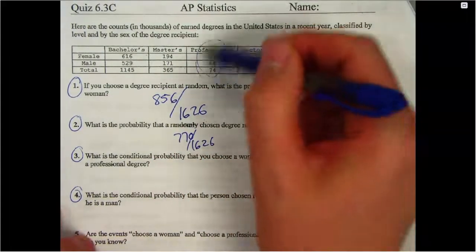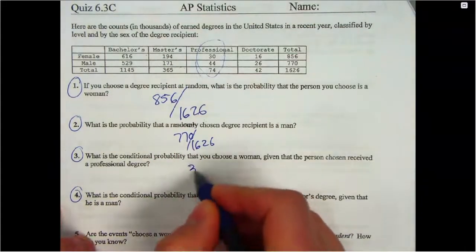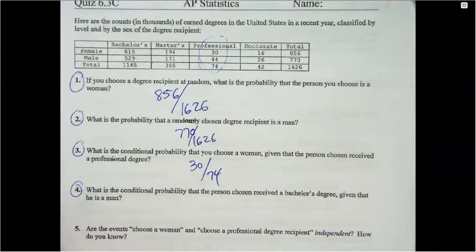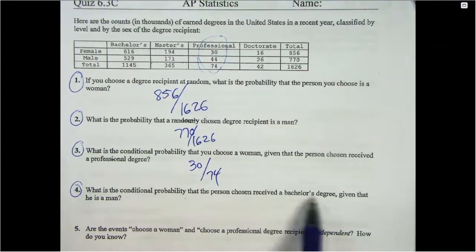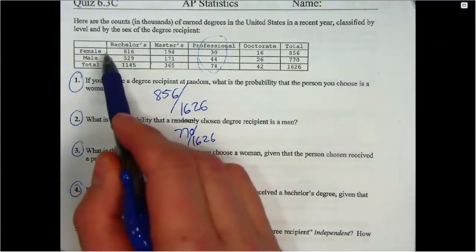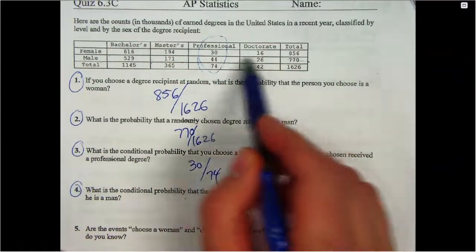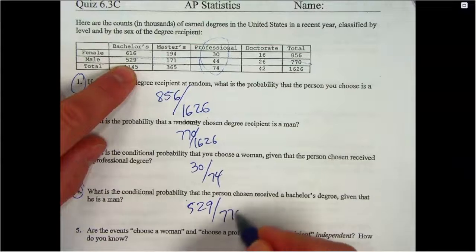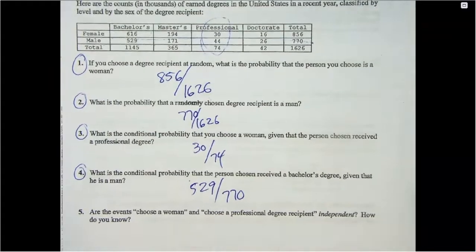So we're only looking at professional degrees. 30 of them are women, so 30 out of 74. And then conditional they received a bachelor's given that they're a man. So we're just looking at the males, and there's 529 that got bachelor's out of 770.